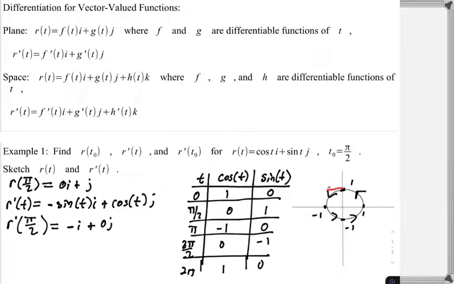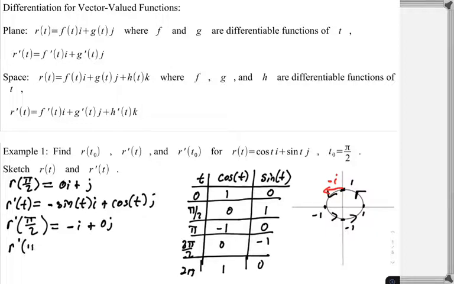And so if we graph that, that's going to give us negative i there. And so you see that negative i is when we're at the top of the unit circle, following the path going to the left, and so that gives us our tangent there.